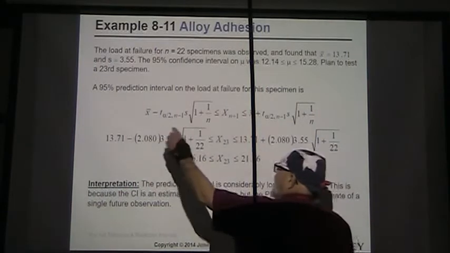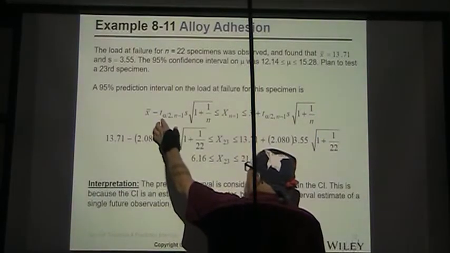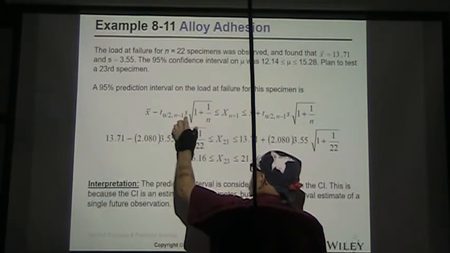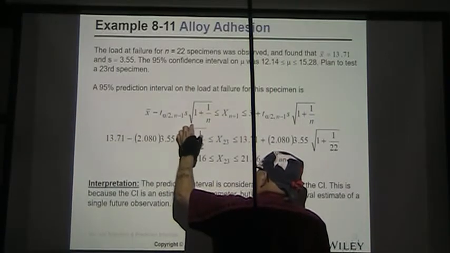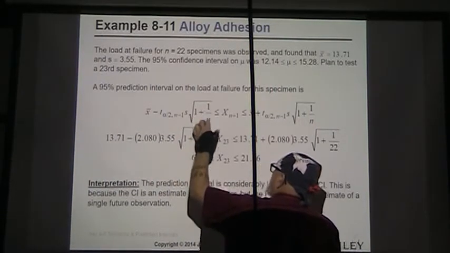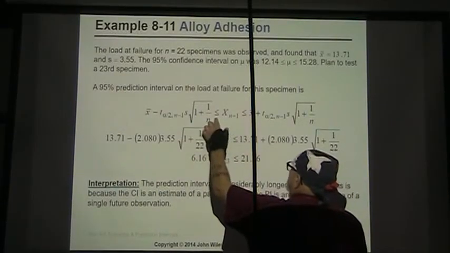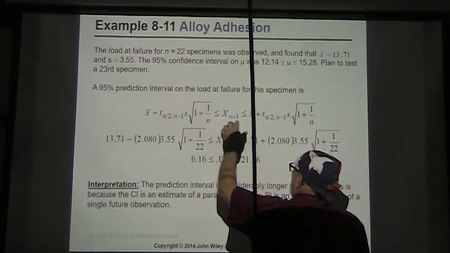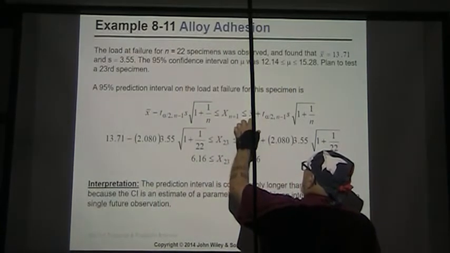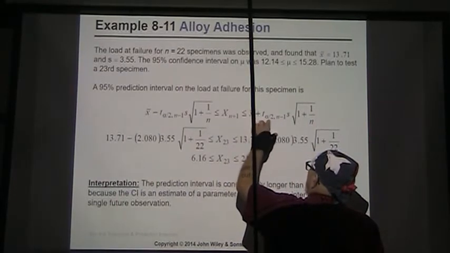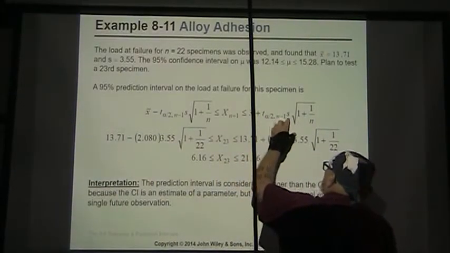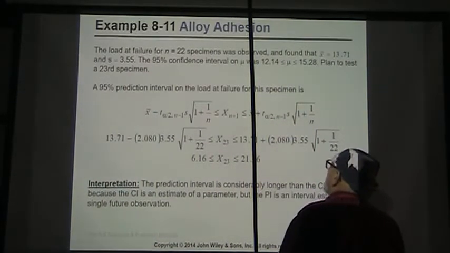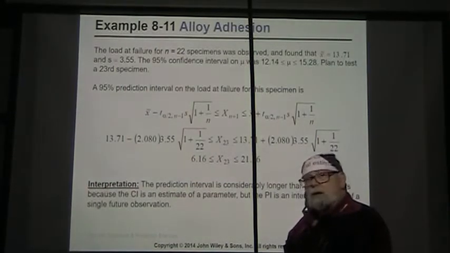So x bar minus t alpha divided by 2 with n minus 1 degrees of freedom times sample standard deviation times the square root quantity of 1 plus 1 divided by n is less than or equal to x of n plus 1 less than or equal to x bar plus t alpha divided by 2 with n minus 1 degrees of freedom times sample standard deviation times the square root quantity of 1 plus 1 divided by n.